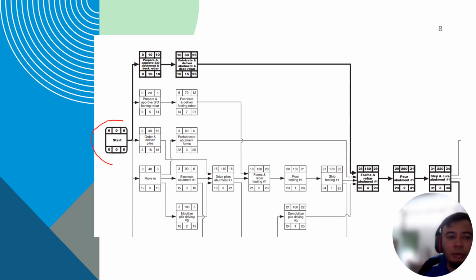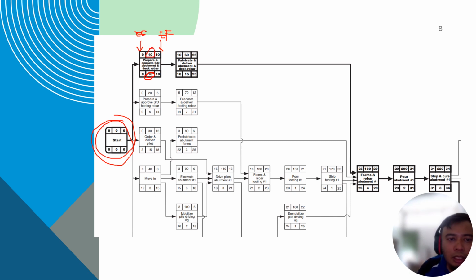You have one activity at start and one activity at finish. We have this example here with 4 activities. This is your early start, early start day 0. This is your early finish, day 10. How we come up with 10 is because you estimate the duration of this activity is 10 days.